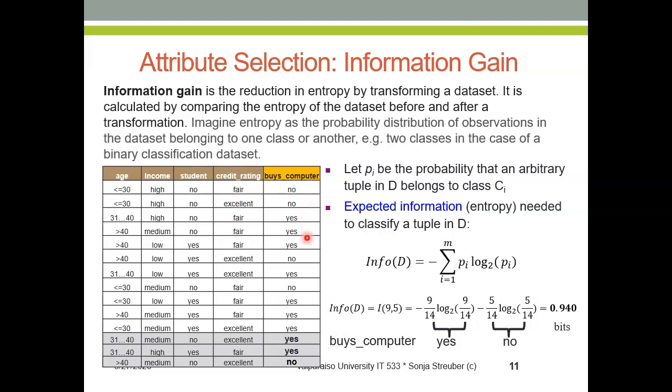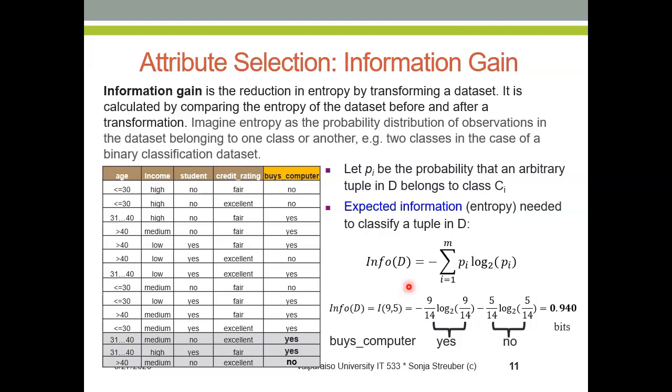Then we calculate our expected information, that is the entropy that we need in order to classify any tuple here in D. For that, we are going to use our expected information formula, which is minus the sum for all of our objects of all the probabilities that our objects belong to the class, multiplied by the logarithm to the base of 2 for all those probabilities. The reason why we're multiplying with the logarithm to the base of 2 for all those probabilities is that our information gain later on will be expressed in bits. So that helps us convert that.